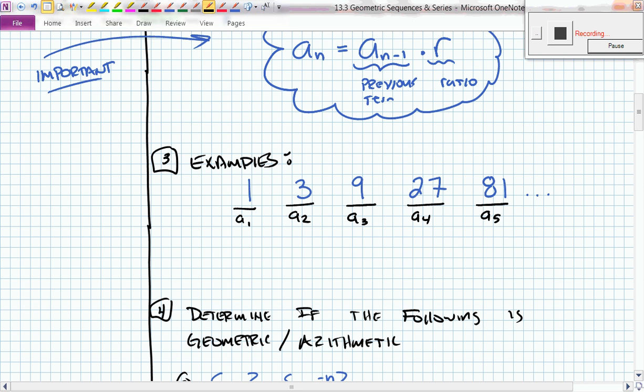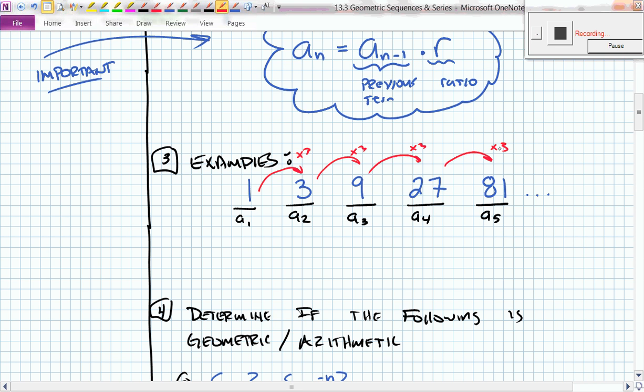Okay, why is this a geometric sequence? He says it's all multiplied by the same number, right? So you go from there to there, you multiply by 3. To go from here to here, you multiply by 3. From here to here, you multiply by 3. And from there to there, you multiply by 3.